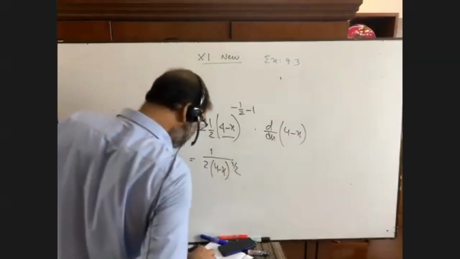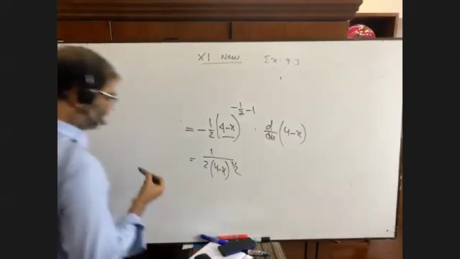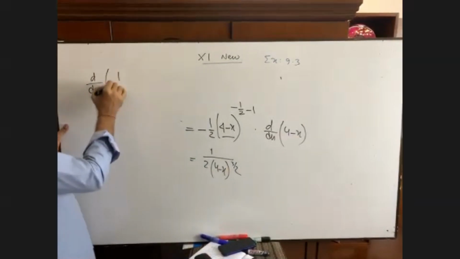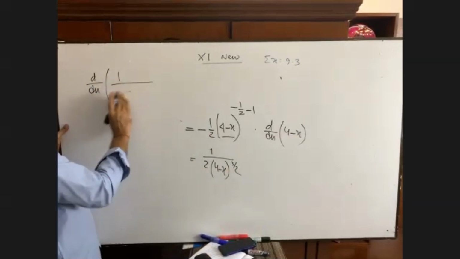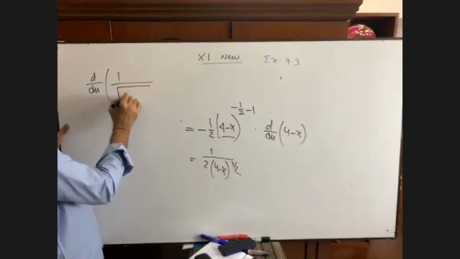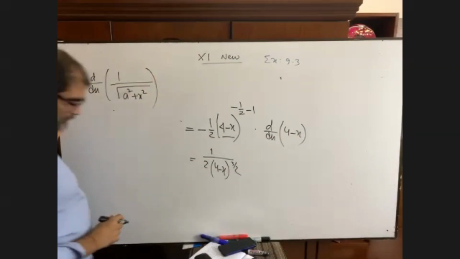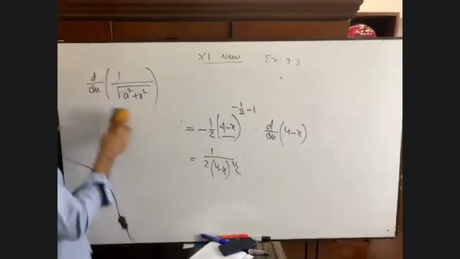The next math is d by dx of 1 by root over a square plus x square. Can you do this?